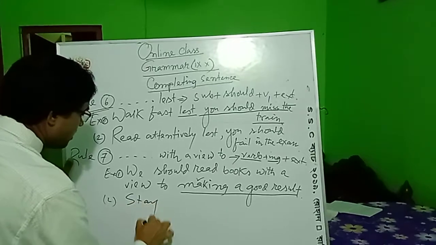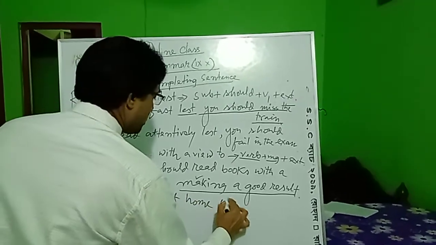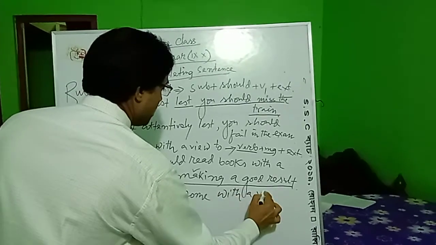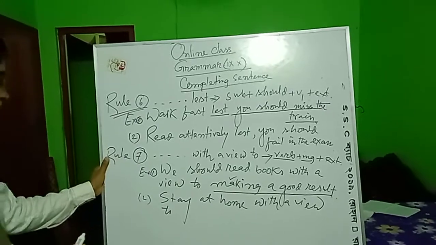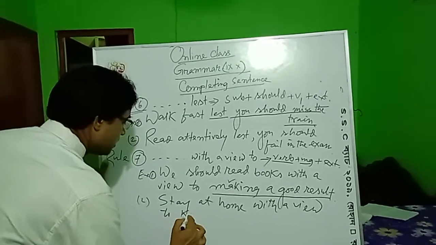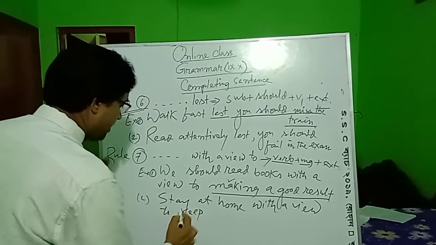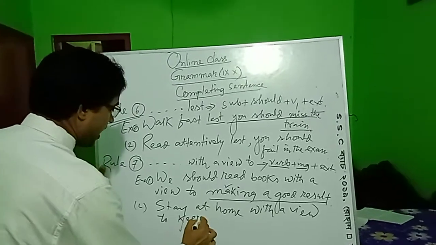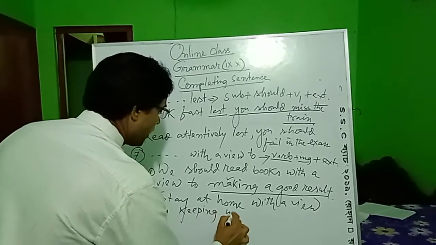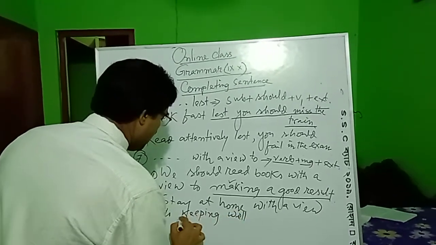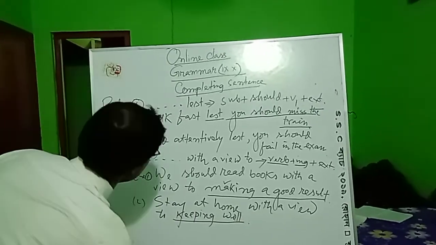Stay at home with a view to keeping well. According to our structure, we will use the verb keep and then we will use ing. That means keeping well. Okay, we will underline the portion.